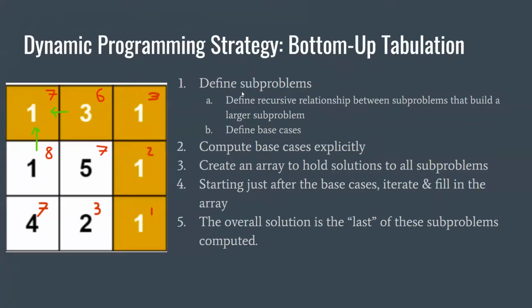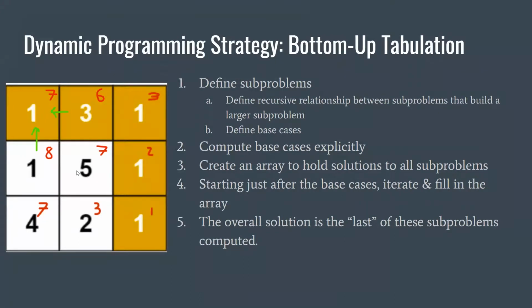The dynamic programming strategy I went over is called bottom-up tabulation. The whole strategy is you define the subproblems, then you define the recursive relationship between the subproblems that build to larger subproblems, and then you define the base cases. You compute the base cases explicitly, like I showed earlier, and then you create the array opt, which is going to hold solutions to all of our subproblems. The bottom-up part is that starting just after the base cases, we iterate and fill in the arrays.